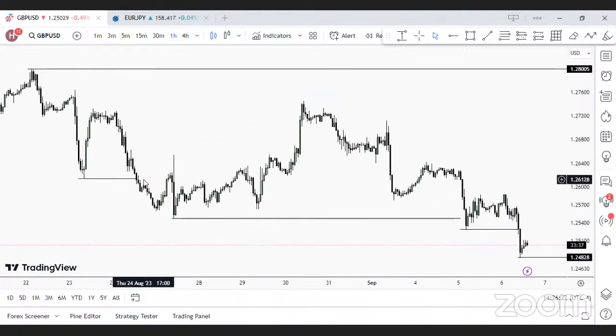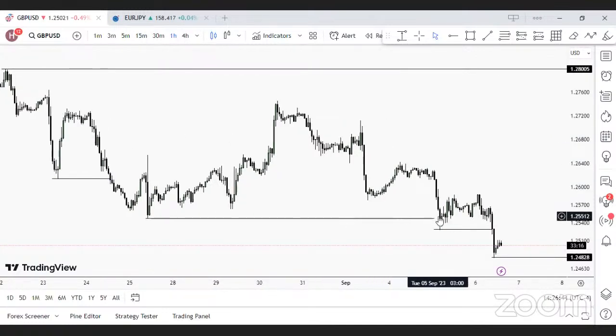Every time we get this break of structure, the market actually moves to some extent before it starts to come back down. So why does that happen? Every time we get a break of structure, the market goes up before it continues its movement to the downside.